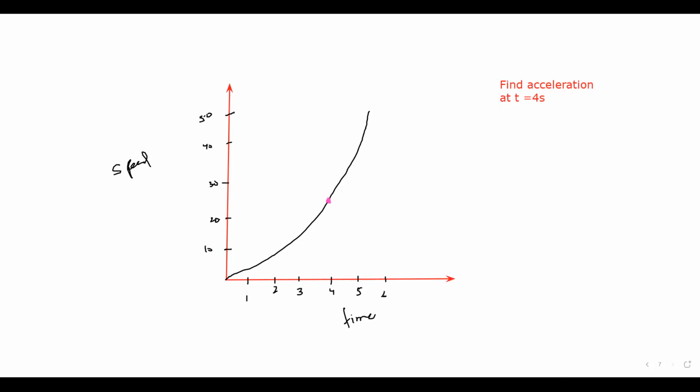Then what we have to do, we have to draw a tangent. Now I'm drawing 4 different tangents and one of them will be right, and I'm asking which one is correct. Student A, this is a tangent by student A. Student B draws this tangent.